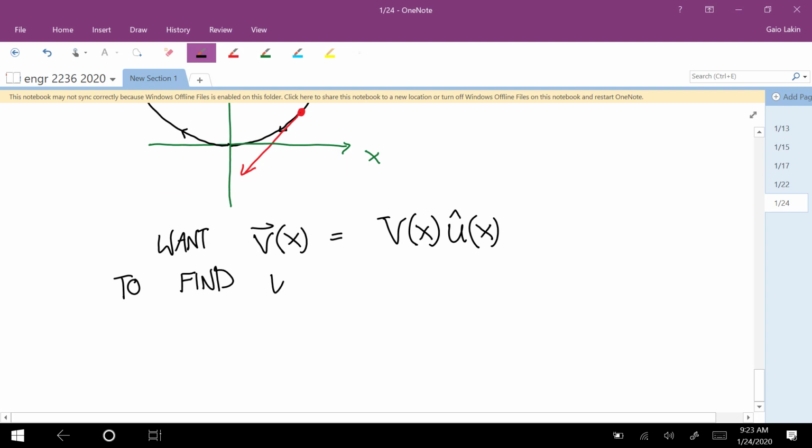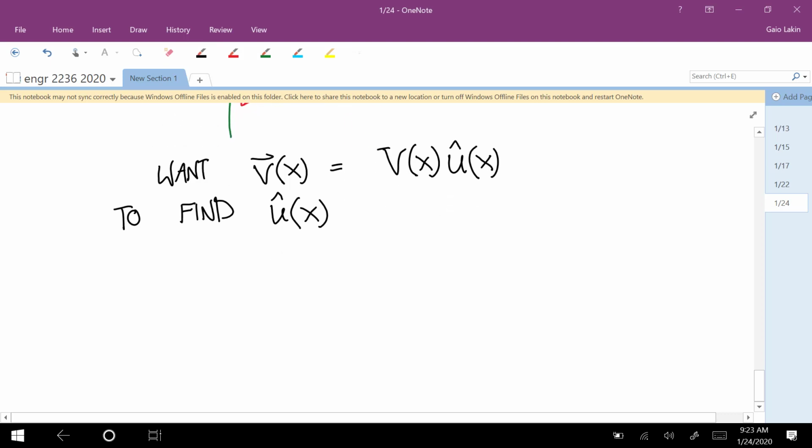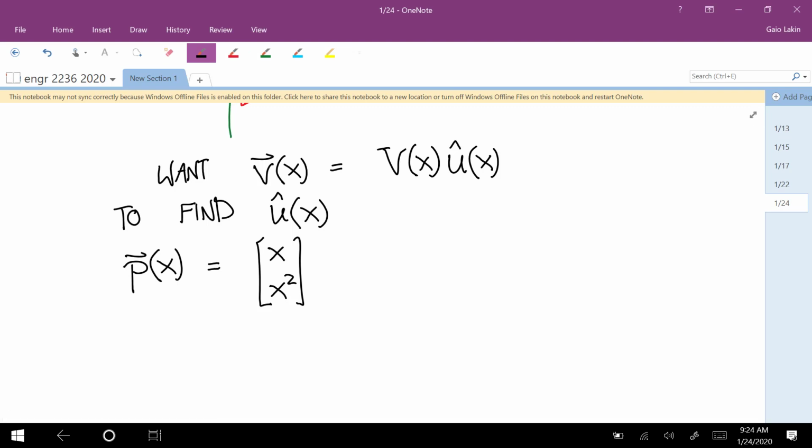So to find that unit vector as a function of x, first, the position vector as a function of x, we can represent as (x, x squared). Okay, that's called a parameterization, the parameter being x.